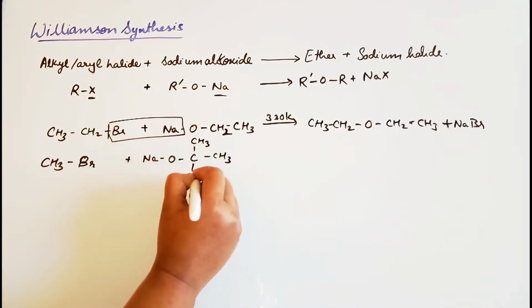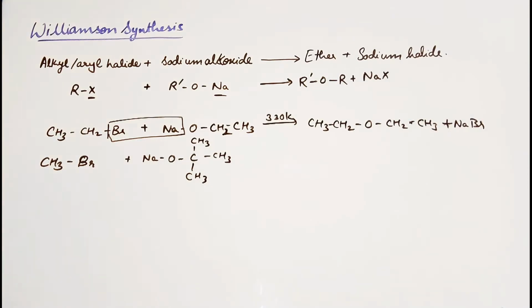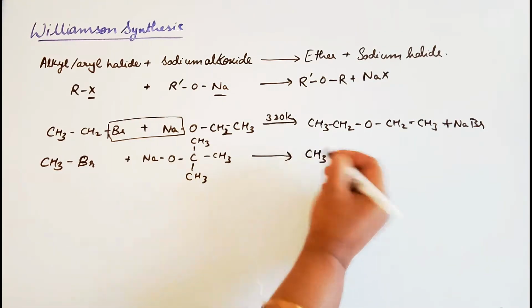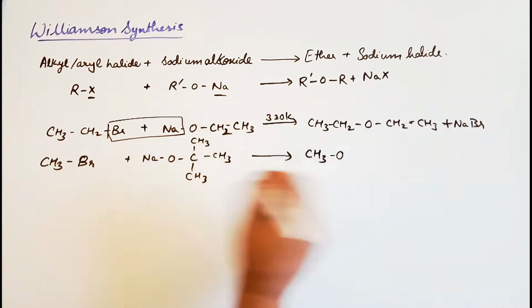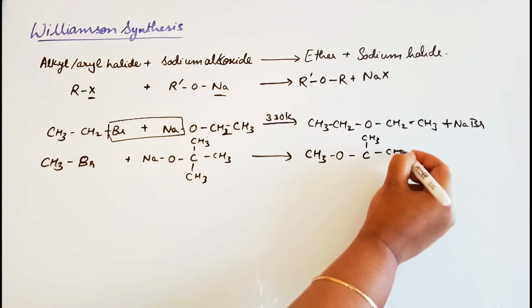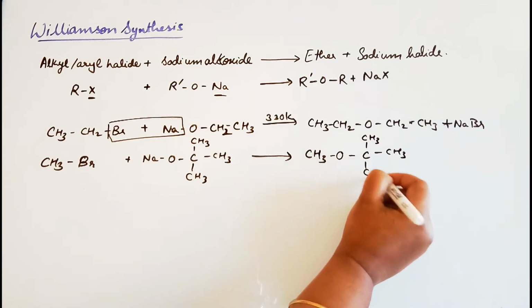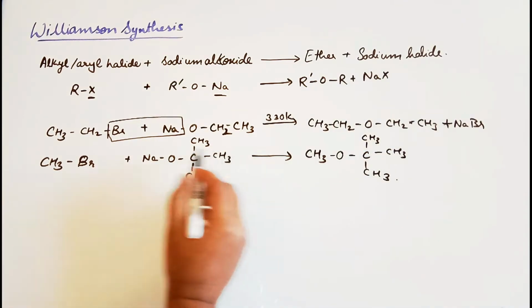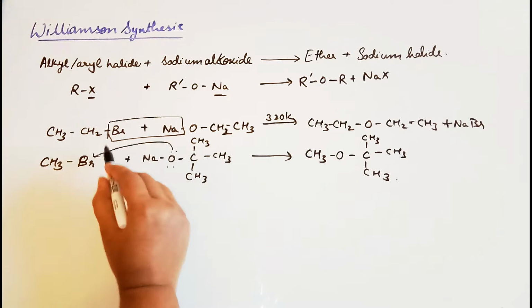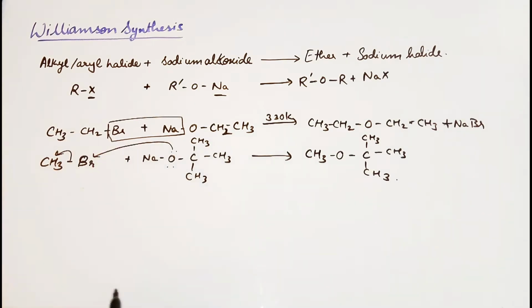So this is a substituted ether which will be formed, where the CH3 stays the same. Basically the lone pair of electrons will come attack here, this shifts here, and that's how the bond is formed.